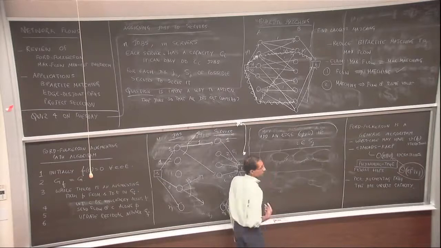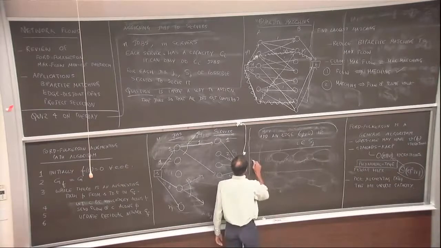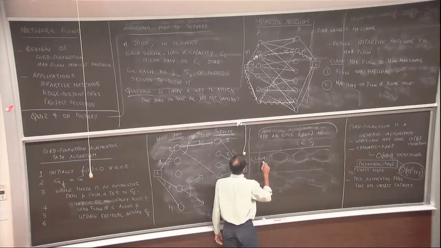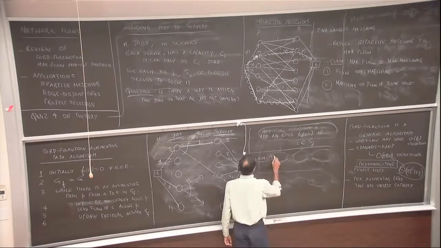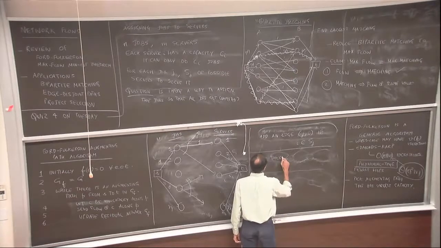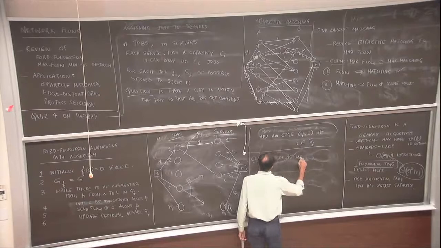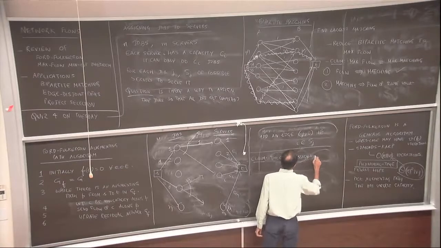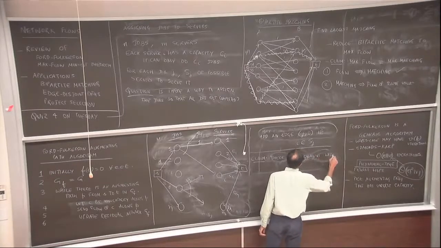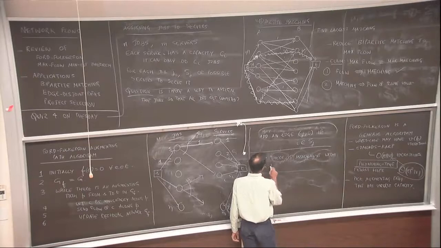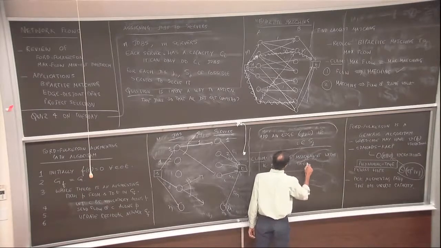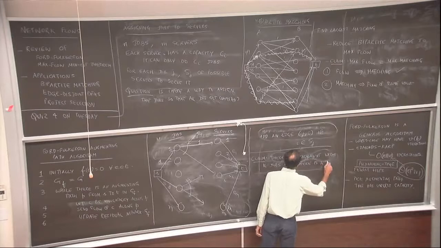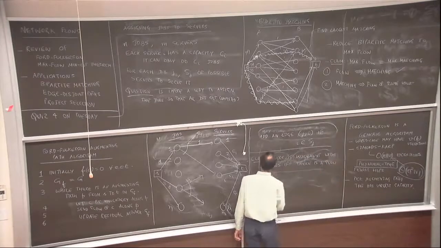So why are they the same question? They are the same question because we have a claim that there is an assignment with k jobs if and only if there is a flow of value k.